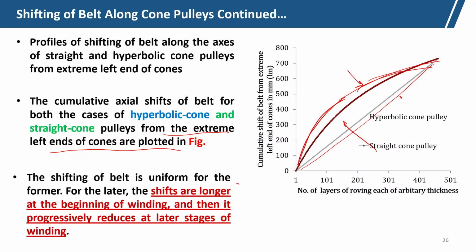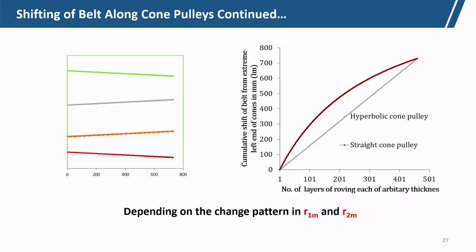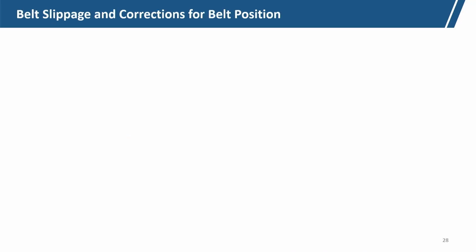This is done by the eccentric arrangement, as you can see, and depends on the changing pattern of R1m and R2m. How do R1m and R2m change? That we have seen, Km. So, this shift will actually be a function of Km, how Km is changing for the straight type cone.